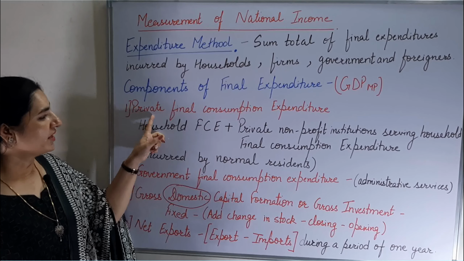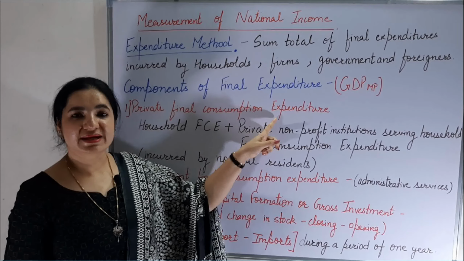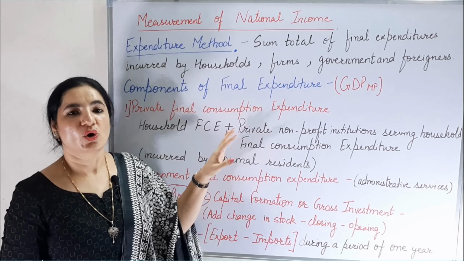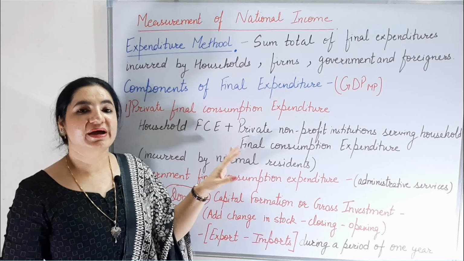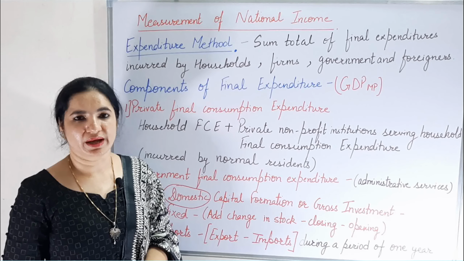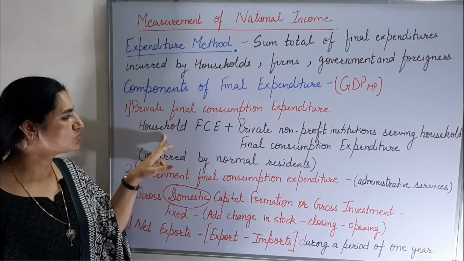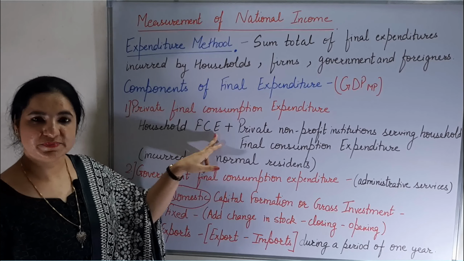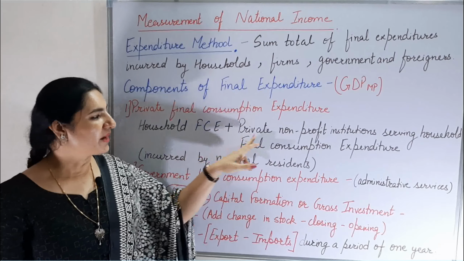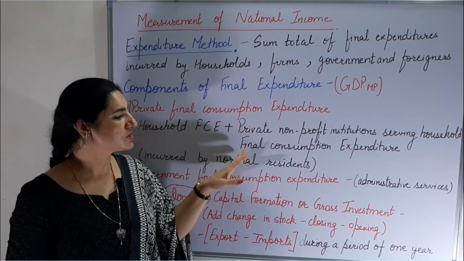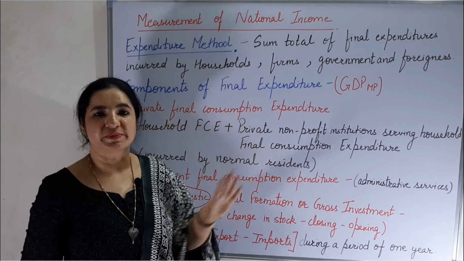First bit is private final consumption expenditure. Private final consumption expenditure means all the expenditures made by normal residents of the country. This will include all the households, that is household final consumption expenditure, and private non-profit institutions serving households final consumption expenditure.